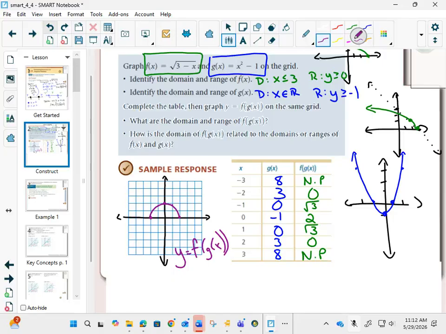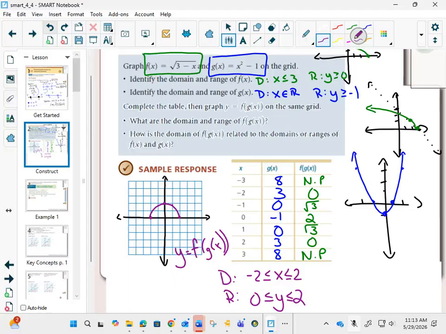The domain of this graph is that x is in between -2 and 2. The range of this graph is that your y values are in between 0 and 2.